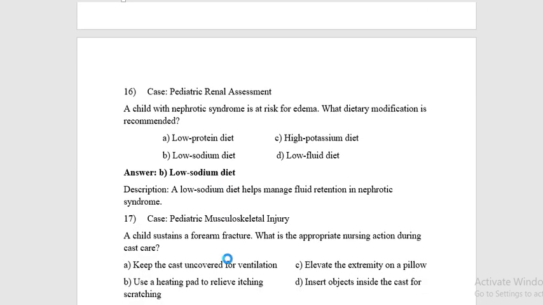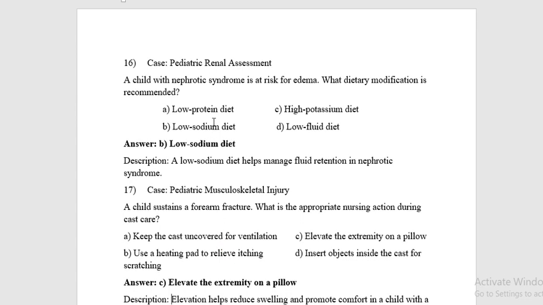Question number 16. Pediatric renal assessment. A child with nephrotic syndrome is at risk for edema. What dietary modification is recommended? A, low protein diet. B, low sodium diet.